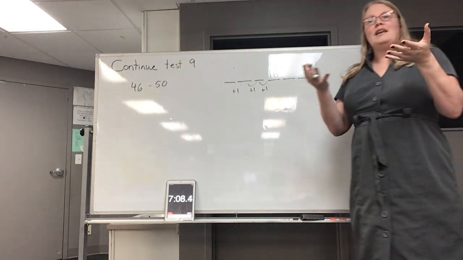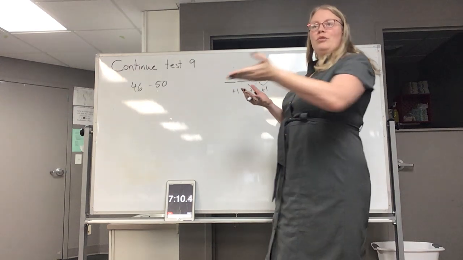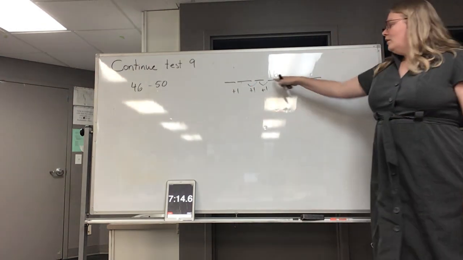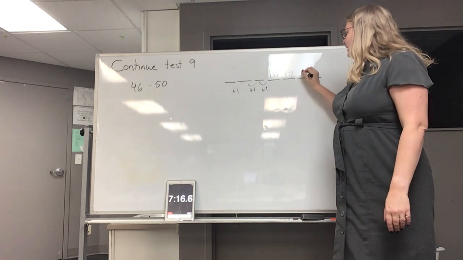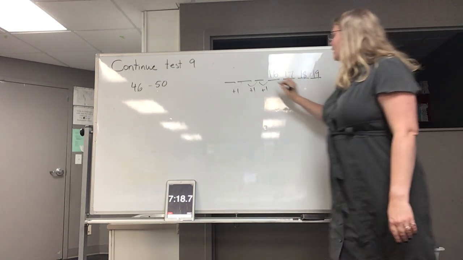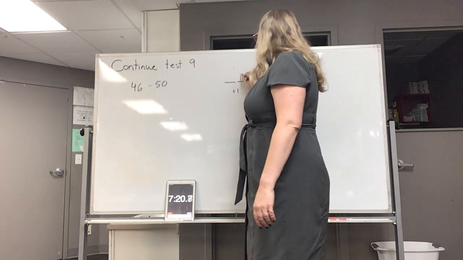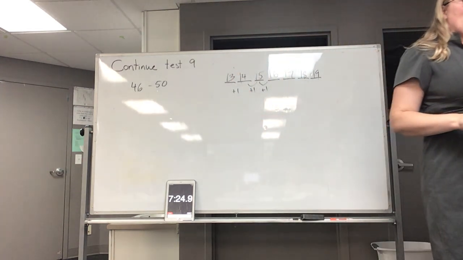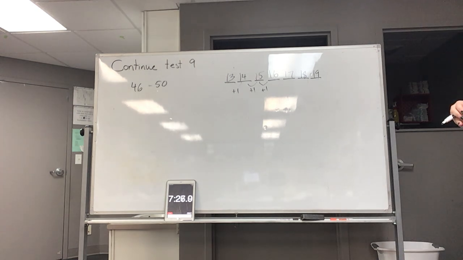If it's consecutive, it's evenly distributed across all those numbers. So we have 17, 18, and 19, and we have 15, 14, and 13. Anytime you've got consecutive numbers, they're going to be nice and counting evenly, which is a great thing to have. And so now, once we know that, what is the sum of the least and the greatest?